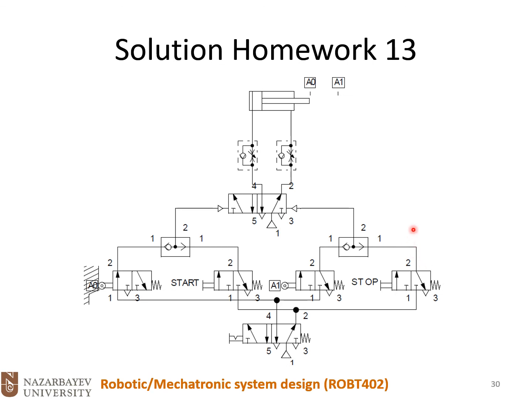This is a solution for this homework 13. So you see that since we have two modes, we are using these OR valves, so we could switch between the manual mode and the automatic mode. Either of them could activate the system.